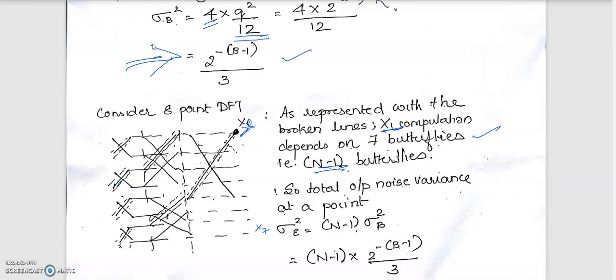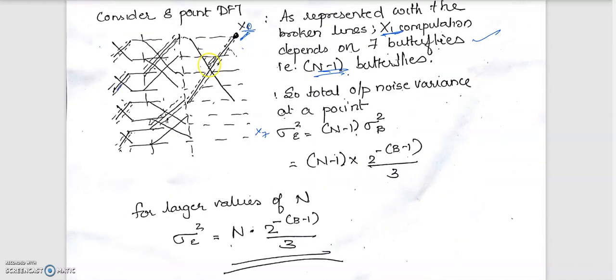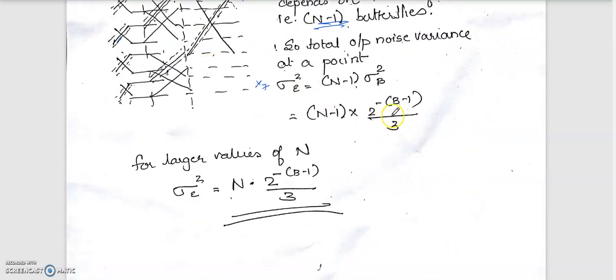So the total output noise variance at one output will be equal to sigma e squared, that is N minus 1 times sigma b squared. That is what we have already computed. So that will be N minus 1 into 2 raised to minus 2b divided by 3.